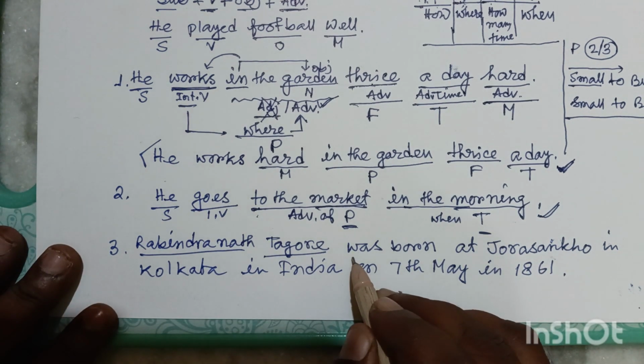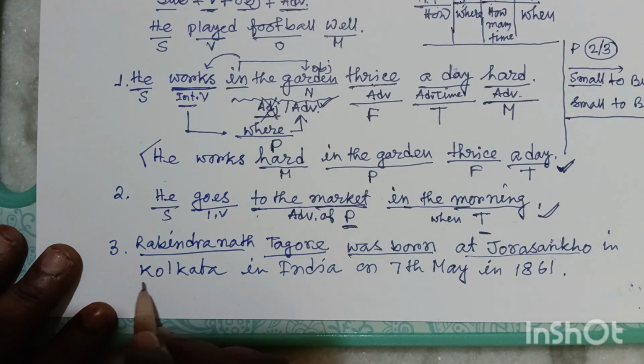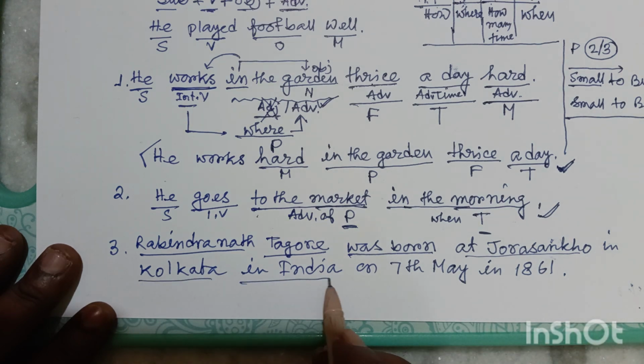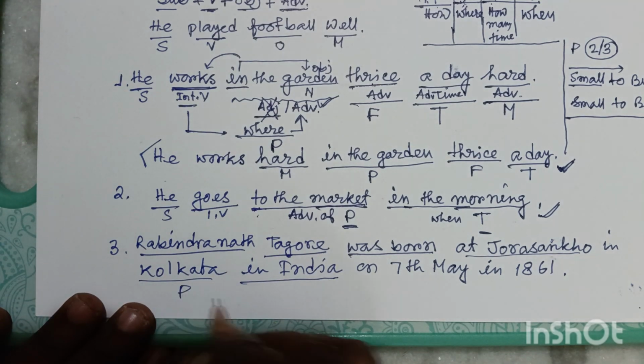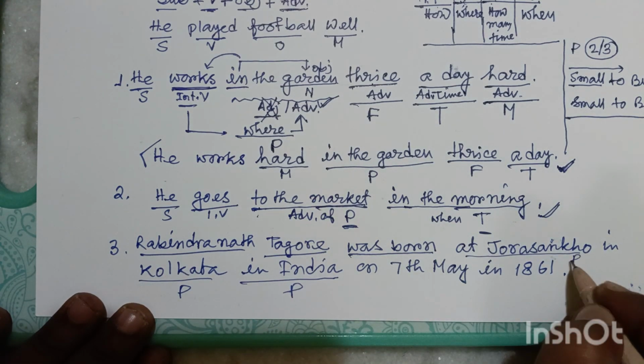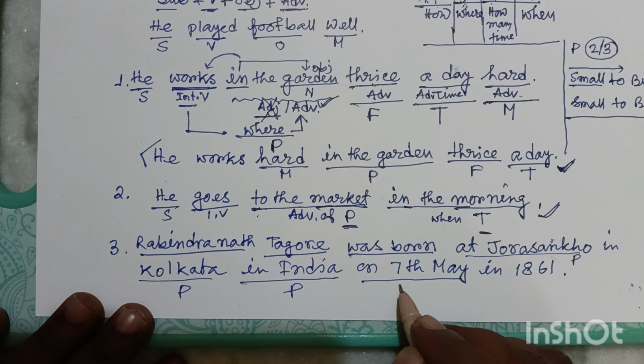Rabindranath Tagore was born. So first of all, here you can see at Jorasanko, in Kolkata, in India. Three different words are there, and all these words refer to place. This is also place, this is also place, this is also place. And here you can see on 7th May, that is time.